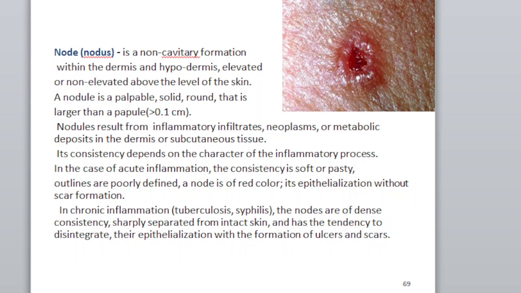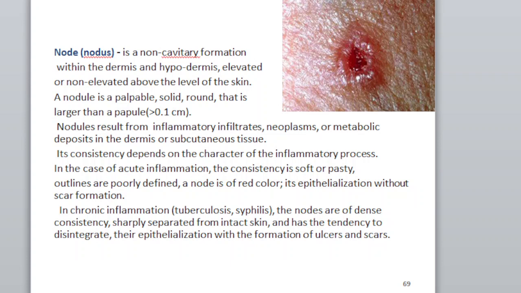A nodule is a non-cavitary formation within the dermis and hypodermis, elevated or non-elevated above the level of the skin. A nodule is palpable, solid, round, and larger than a papule, over 1.0 centimeter. Nodules result from inflammatory infiltrates, neoplasms, or metabolic deposits in the dermis or subcutaneous tissue.